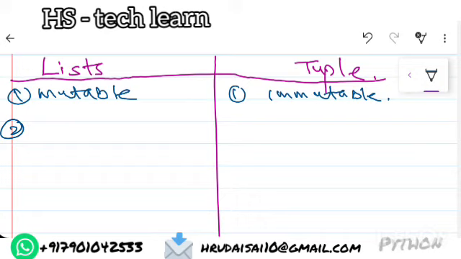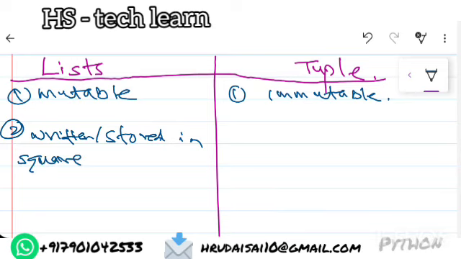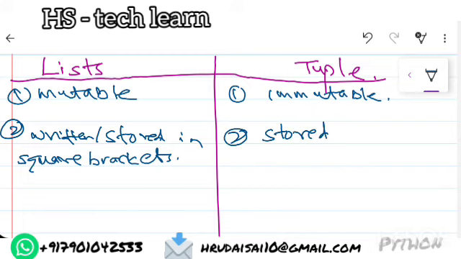The second one is lists are written or stored in square brackets and tuples are stored in curved brackets, that are parentheses.